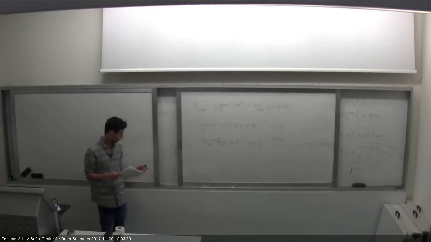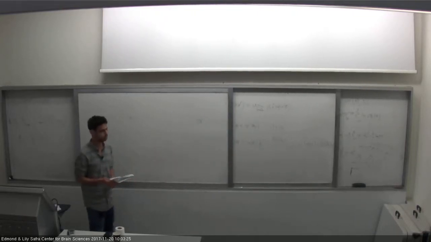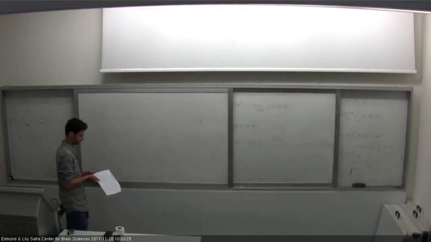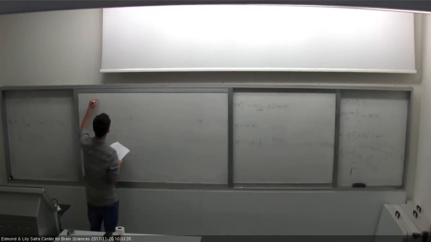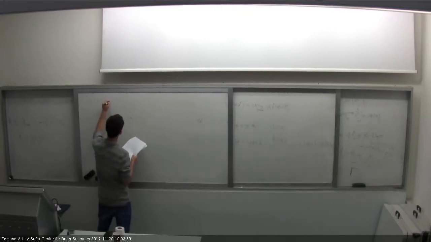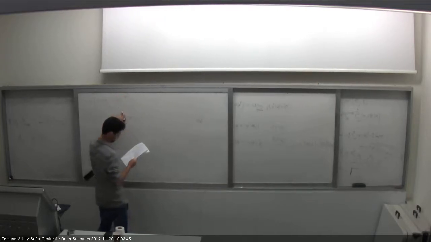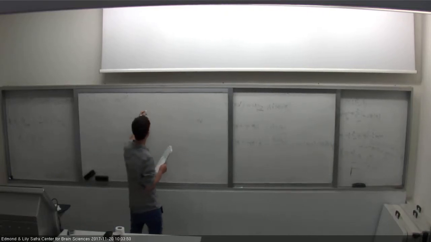Now let's do one more example. f of x given theta is equal to theta e to the minus theta x, the exponential.